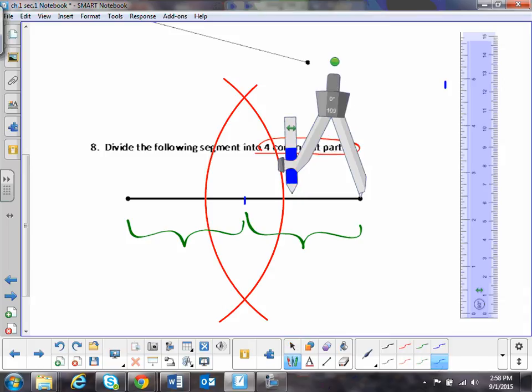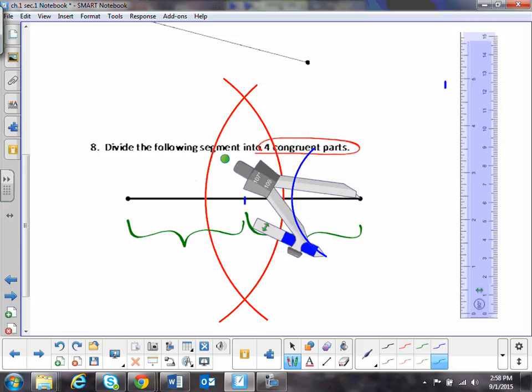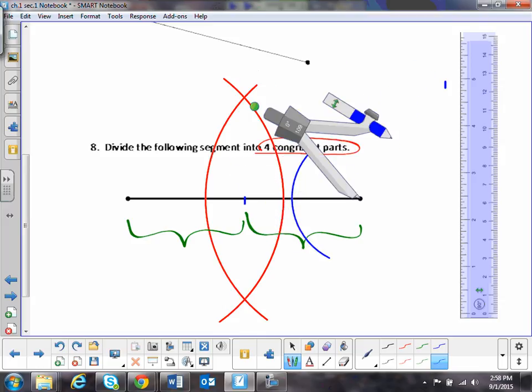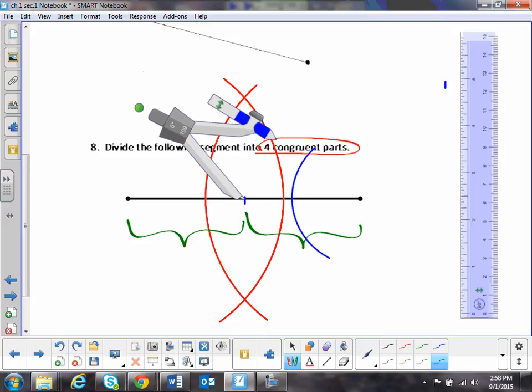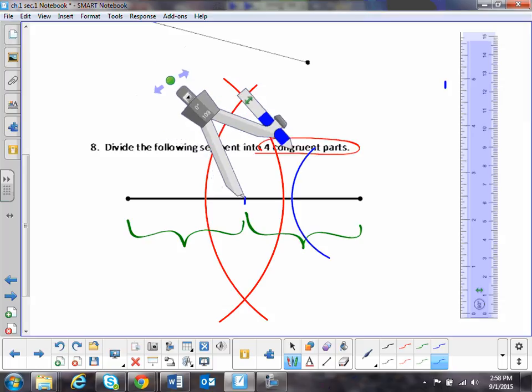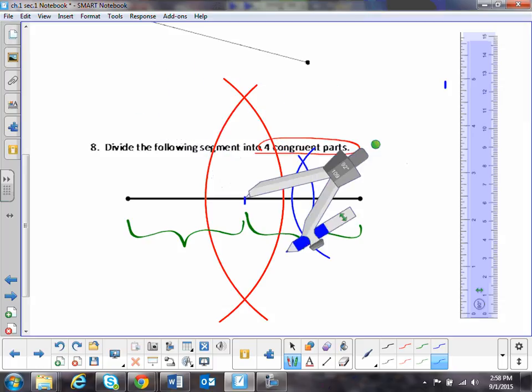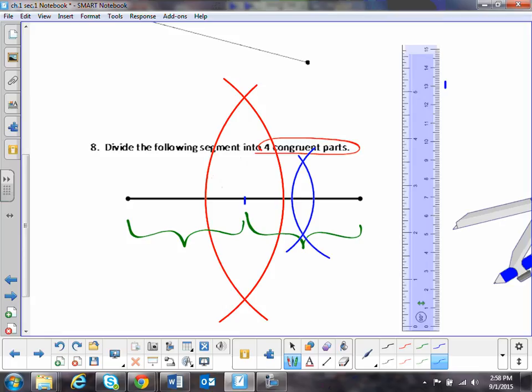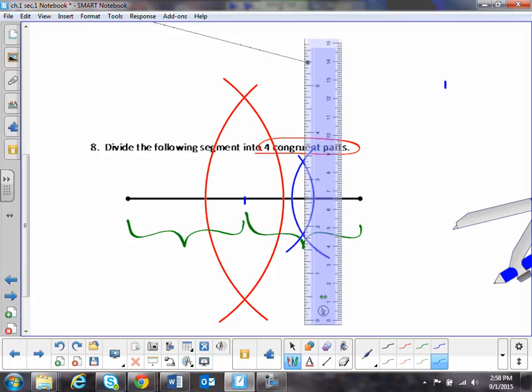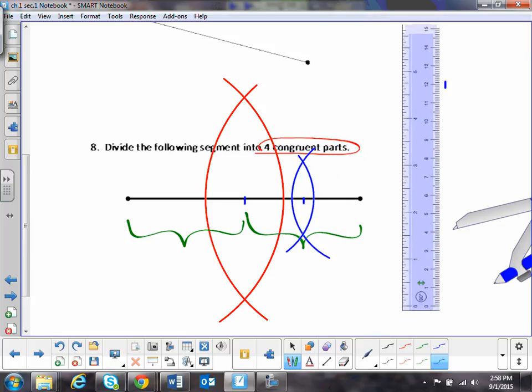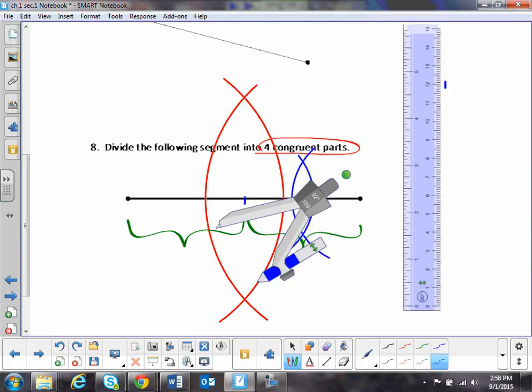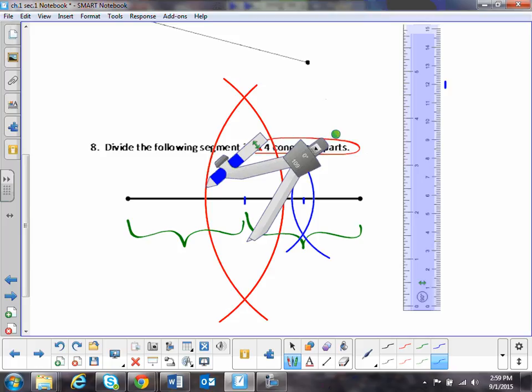Get a different color here. Make an arc. Place it over here in the middle. Make an arc. Make a ruler. And there's another midpoint here. So you have to do this one more time. Or if you think about it, we're making a quarter of it, right?